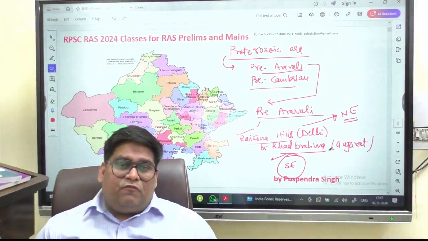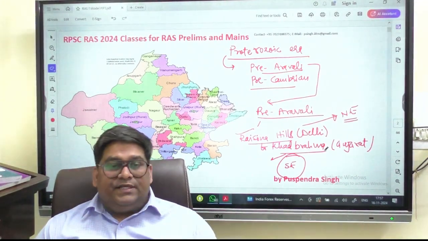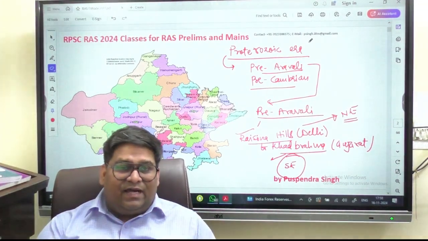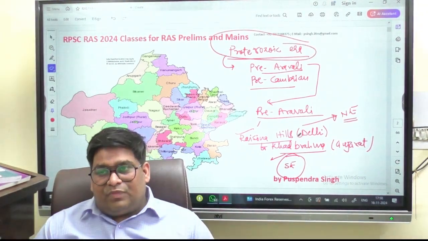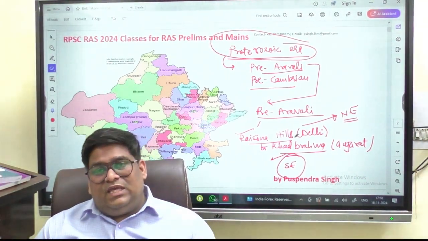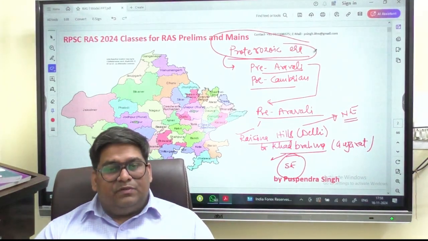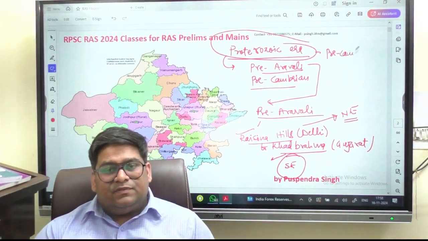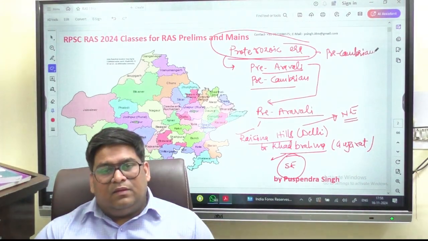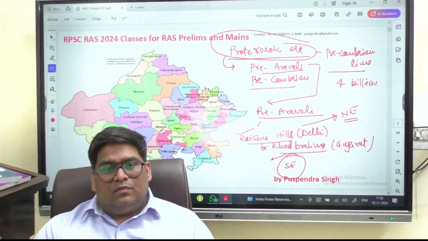The former Aravali mountains basically rose to their shape in this era, that is, we call it the Proterozoic era, specifically in Precambrian times. Roughly around 4 billion years ago.